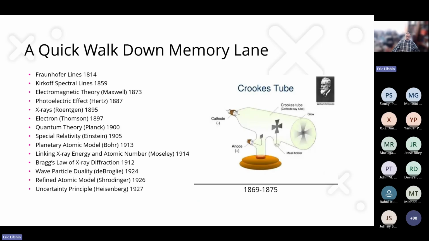I'm going to take an even further look back without getting into hardly any detail of some of the early days of science, because everything listed on the left side of this slide is a discovery that somehow is relevant to the topic at hand today.